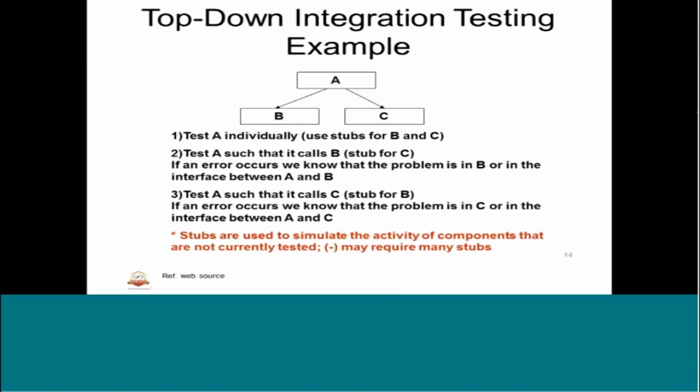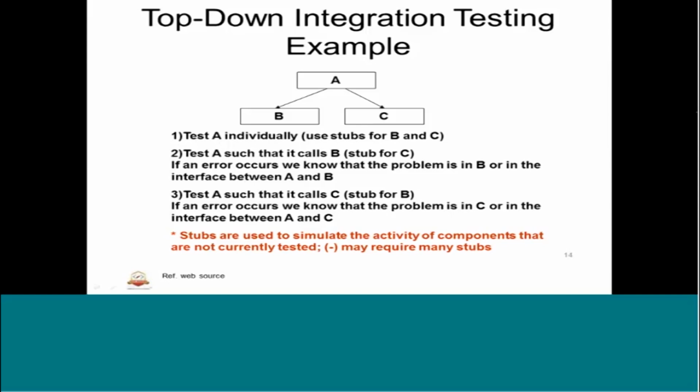Okay. So we'll take up an example, the same example where we have three main modules A, B, C, and see how it is going to be integration tested with the top down approach. The first step is to test A individually.